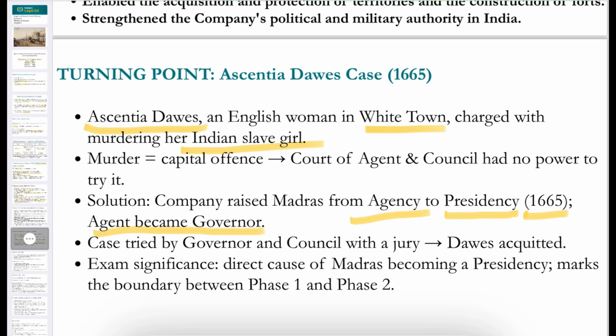Essentia Dawes was then tried by the governor and council with the help of a jury, and in a surprising verdict, she was acquitted. She was not found guilty. This is where Madras's promotion from agency to presidency happened in 1665, and it marks the boundary between phases 1 and 2.